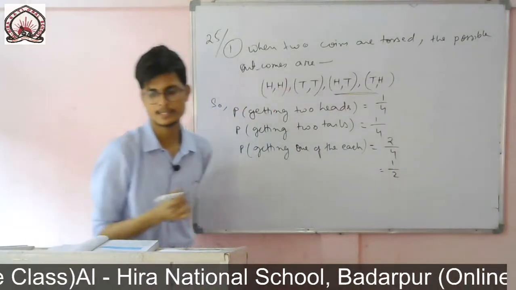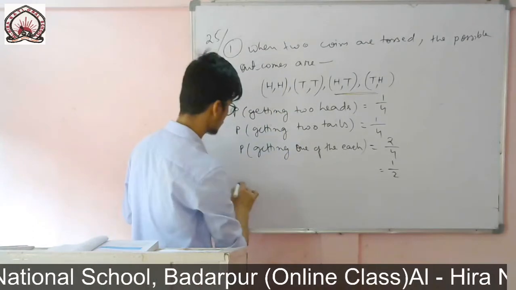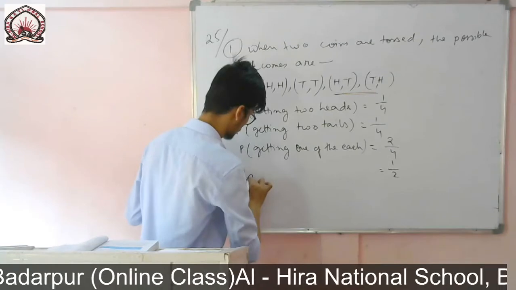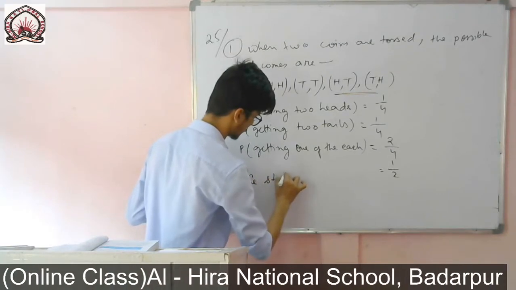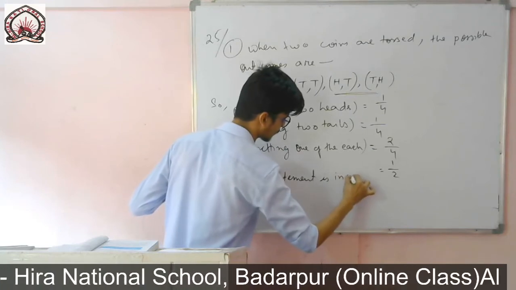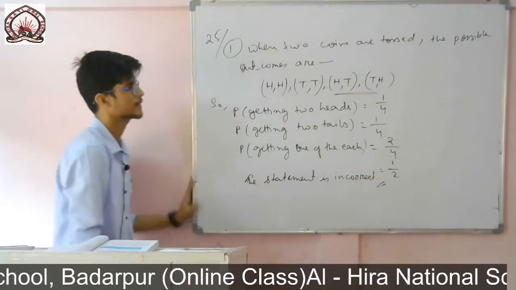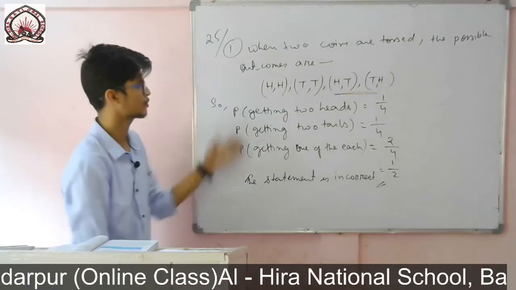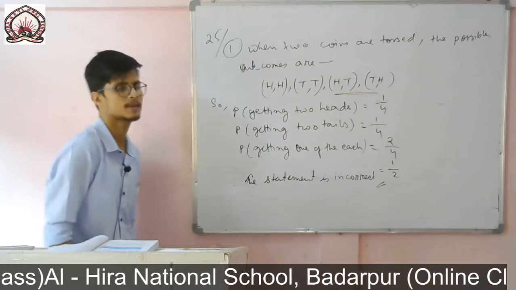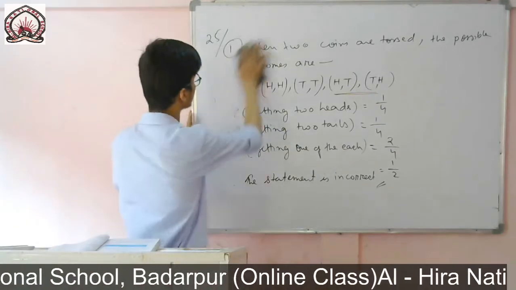Here it is given that in each and every case I will get 1 by 3. So by showing this I can say that the statement is incorrect. I have shown it, and this is not matching with what is given, so the statement is incorrect.